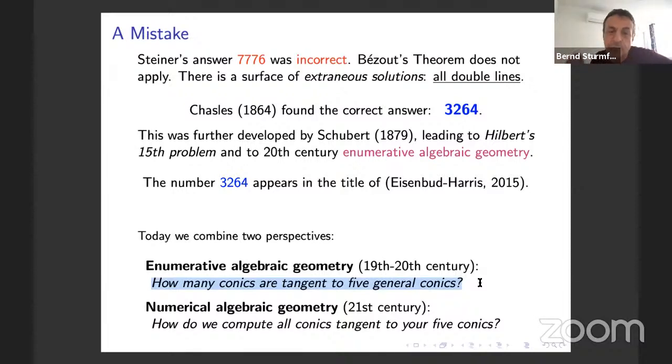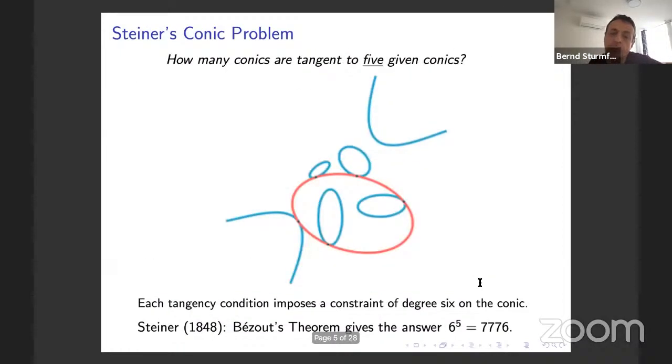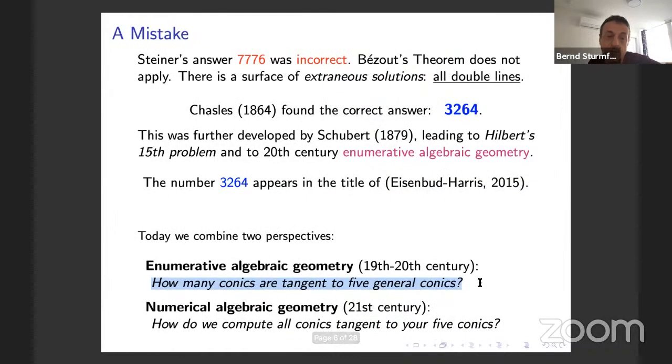But today, in 2021, we can ask a much more interesting and much harder question, namely, using numerical algebraic geometry, how do we compute all conics tangent to your 5 given conics? You choose your blue conics. How can you actually compute all the red conics that are tangent? So note the difference between the two questions. The first question is, how many solutions are there? And the second question that I see as important these days is, how do you find all these solutions to your data?